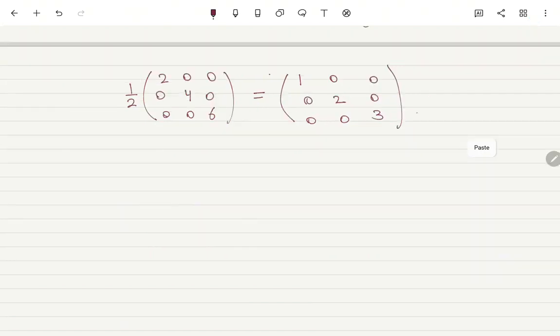Let's define the Hermitian matrices and the unitary matrix. The Hermitian matrix, sometimes called a self-adjoint matrix, is a square matrix which is equal to the transpose of its complex conjugate.